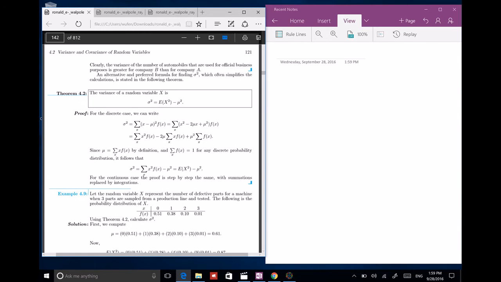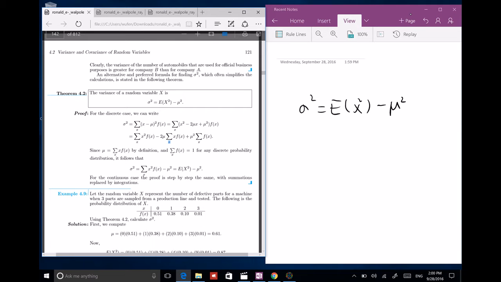Then the variance of a random variable, sigma square, equals E(X square) minus mu square. There is a short proof here. In sigma square you can see there's 2 mu x times f(x), which actually is mu again. Then they cancel with one of the mu square terms. The 2 mu square cancels with the last mu square, so it's just the x square.